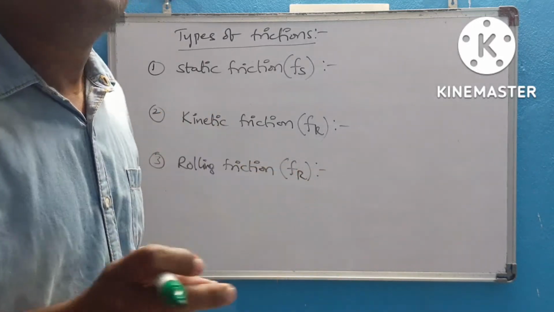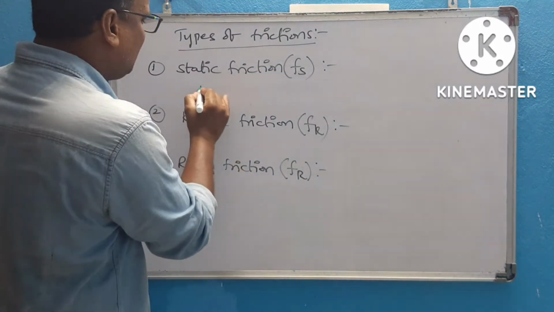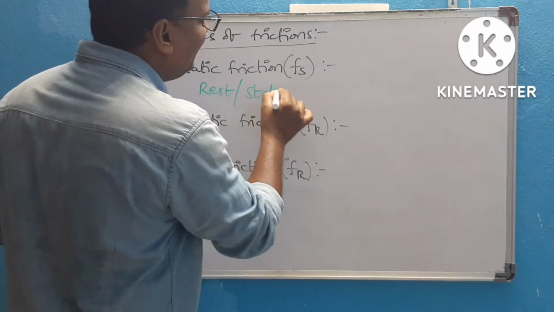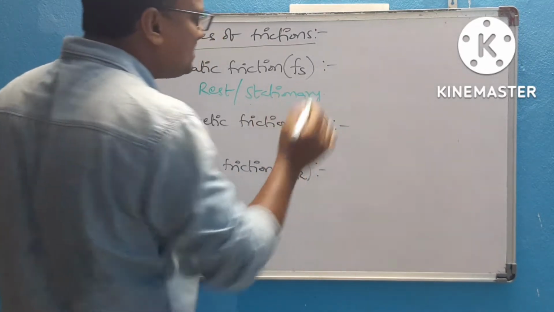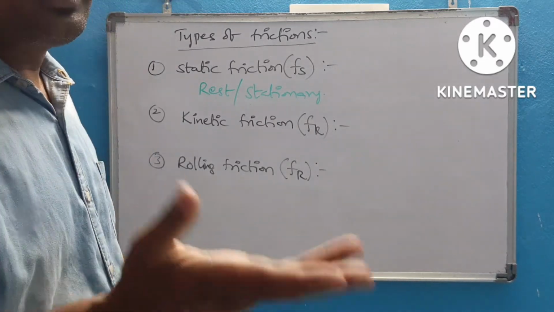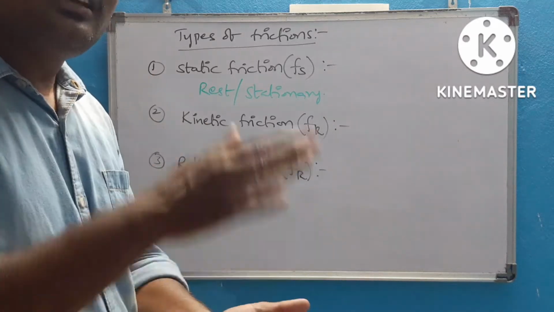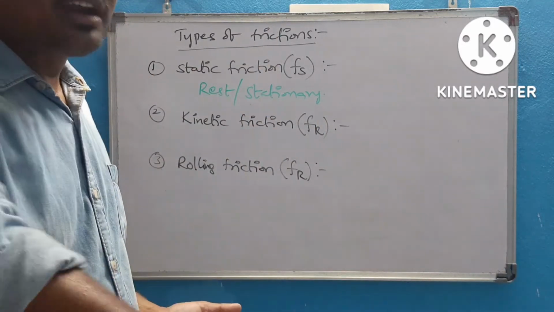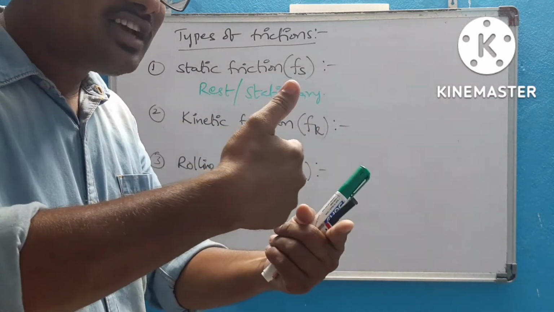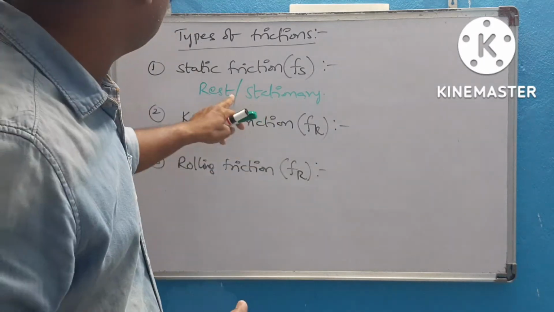For example, if a car or a bike is at rest on the surface of the road, then in between the surfaces of the tires and the road, the static friction will be developed.